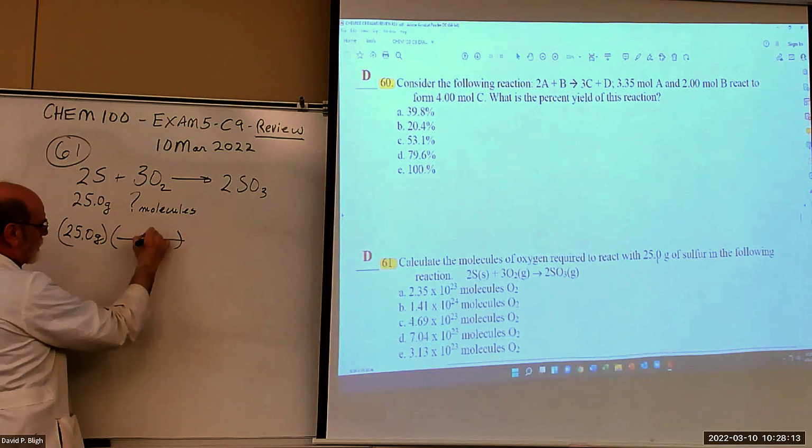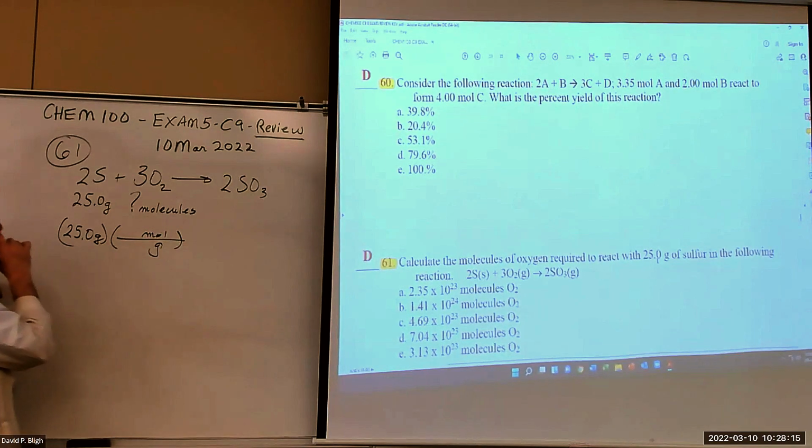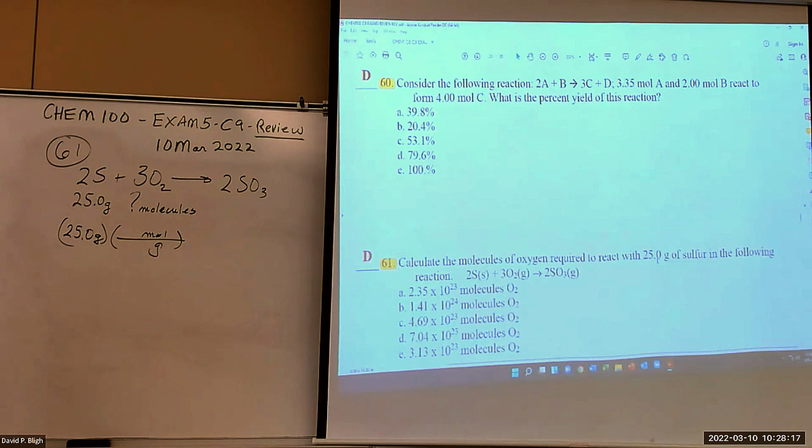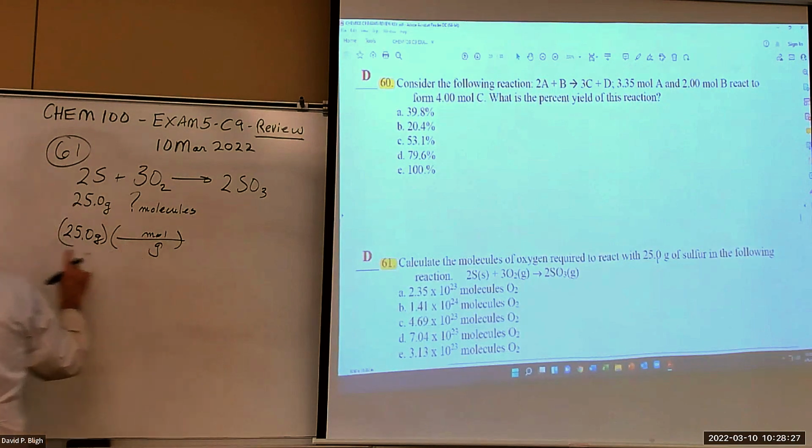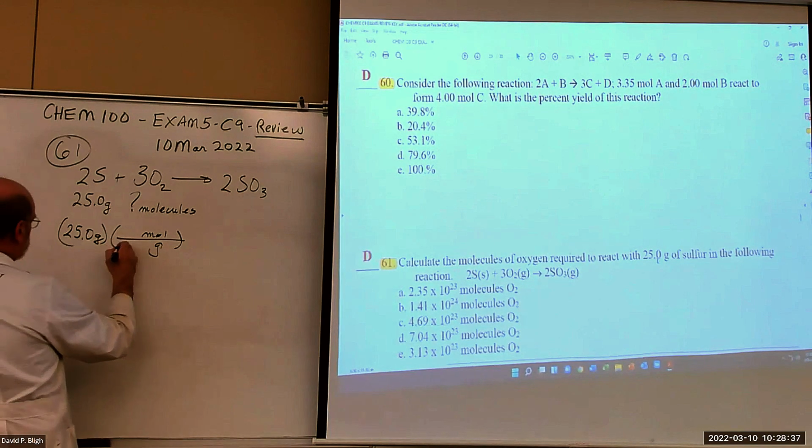Conversion. You know what? Do it in one step. This gives us moles of sulfur. 3207, rounded off.